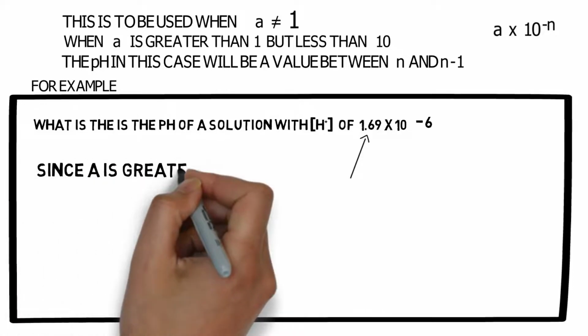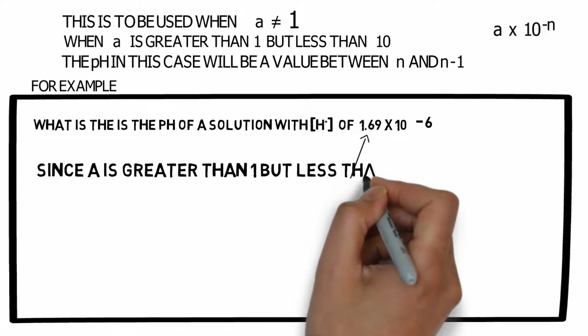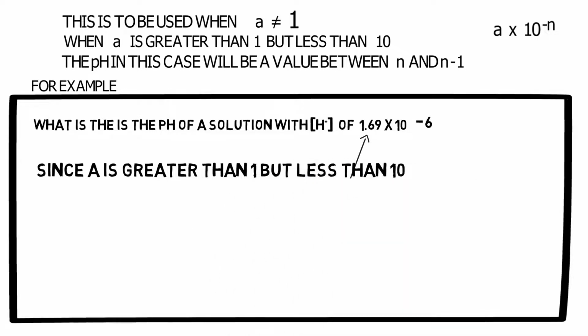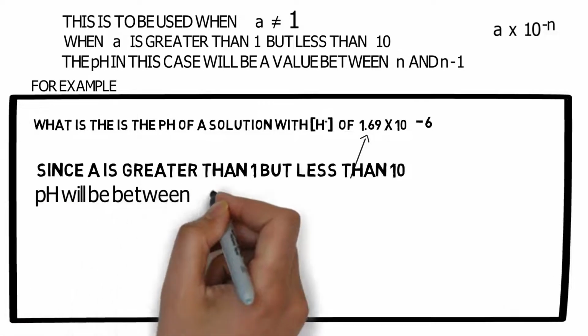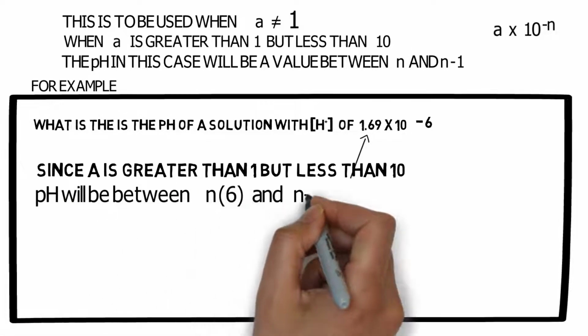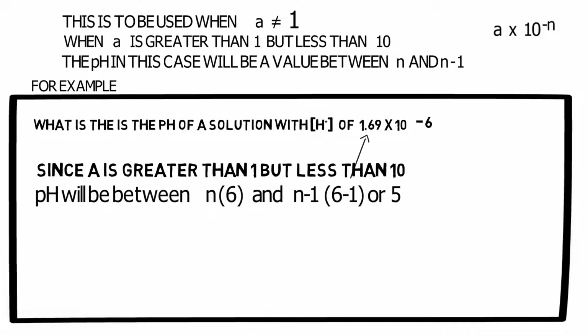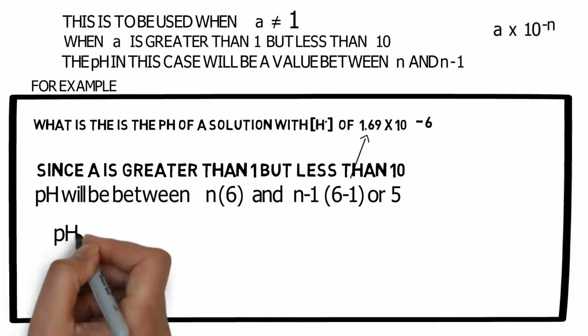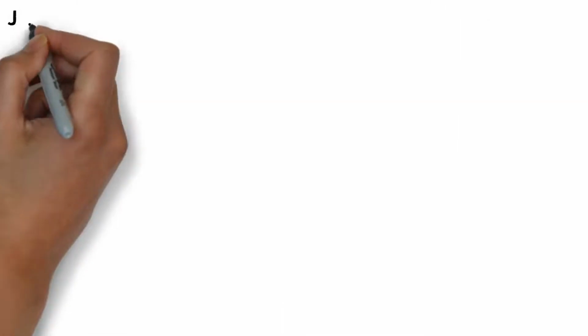So since A is greater than 1 but less than 10, it simply means that our pH will be a value between n, which is 6, that is the power, and n minus 1, that is 6 minus 1, which is equal to 5. So this simply means that our pH is between 5 and 6.